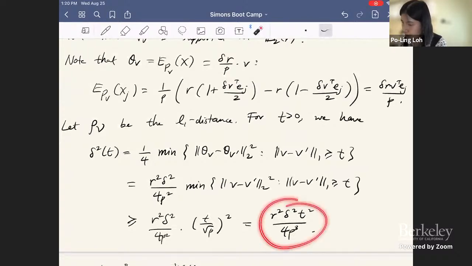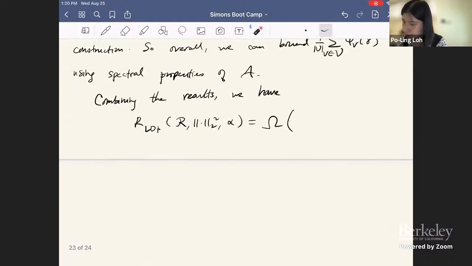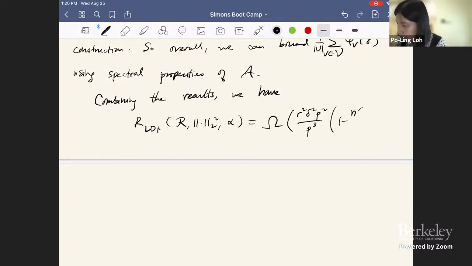That's the first thing that shows up. So we have R squared delta squared P squared over P cubed times 1 minus n e to the alpha minus 1 squared times constant delta squared over P over CP. I guess there's an extra factor of P that shows up.